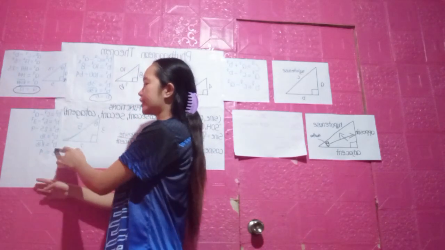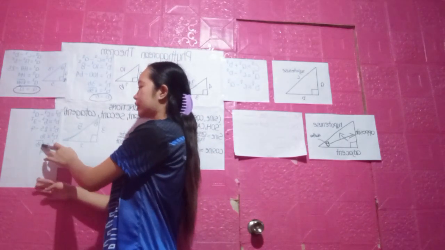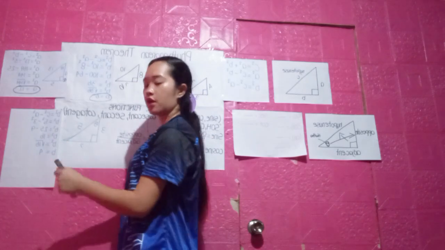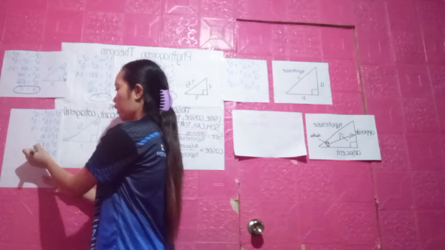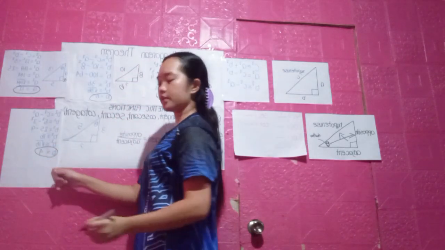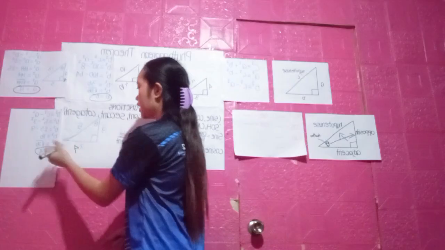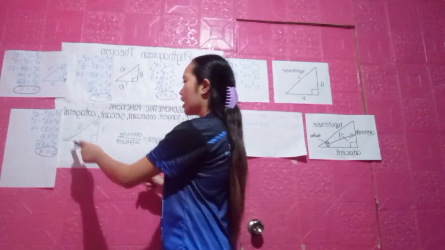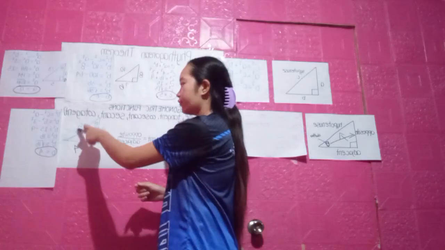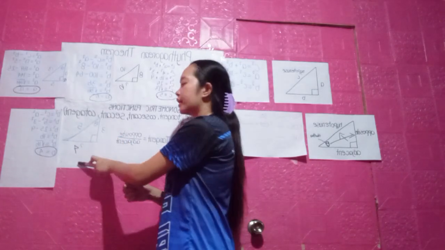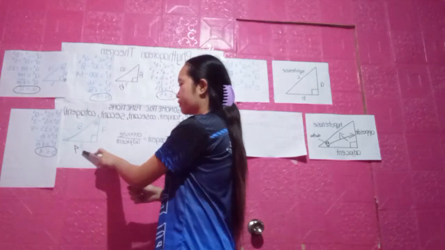So we have B squared equals 16, and the square root of 16 is 4. And that's why our opposite side is 4. So we have the complete sides now: the hypotenuse is 5, the adjacent is 3, and the opposite side is 4.